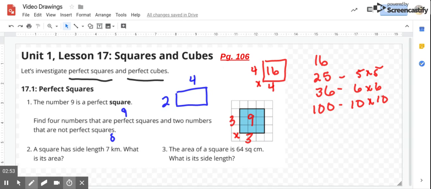I can list off many more, but I would say the main ones you need to know are 1, 4, 9, 16, 25, 36, 49, 64, 81, and 100. Those are the first perfect squares. Any numbers that are not those are not perfect squares. So if you said a number like 3, that is not a perfect square. So on and so forth.